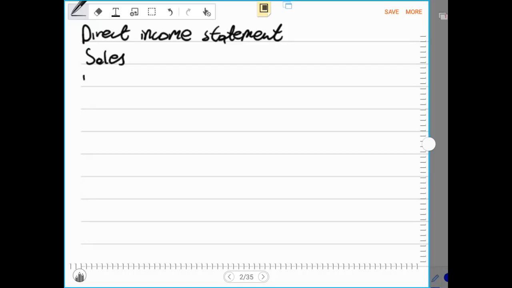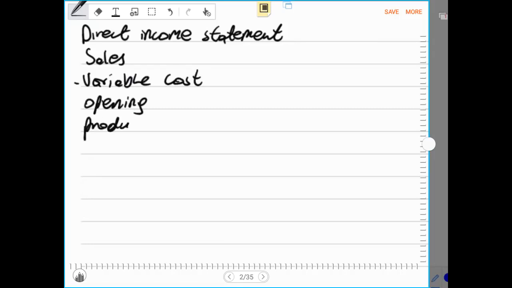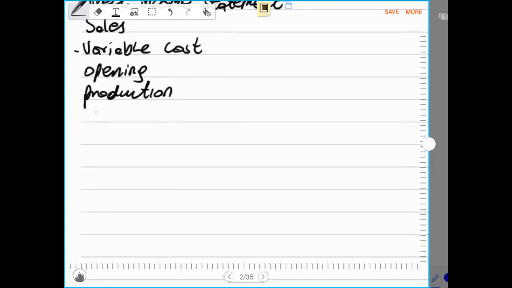Then after that we subtract variable cost. Under our variable cost, we know that we have opening, we have production, and we have to subtract the closing.